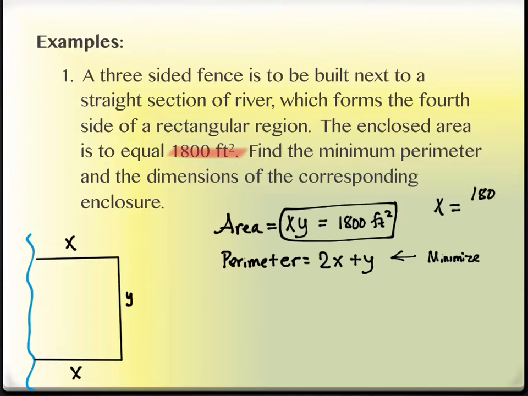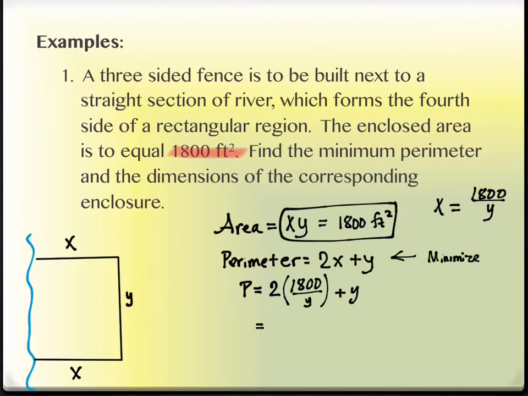1,800 square feet divided by y, right? It's 1,800 over y. I'll leave my dimensions off at this point, and we'll put them back on at the end too. So down here in my equation for perimeter, I'm just going to call it P now. I've got the 2, and then I've got the x, which I've just eliminated by making it 1,800 over y. And then I have plus my y.